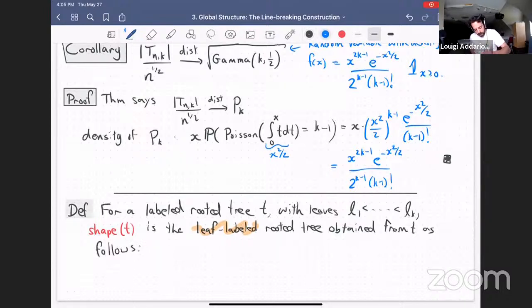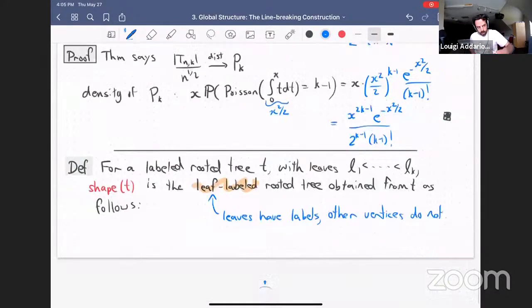Leaf labeled means that the leaves have labels, but other vertices do not.